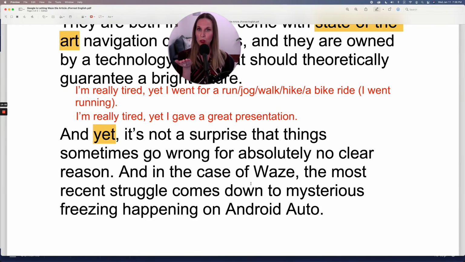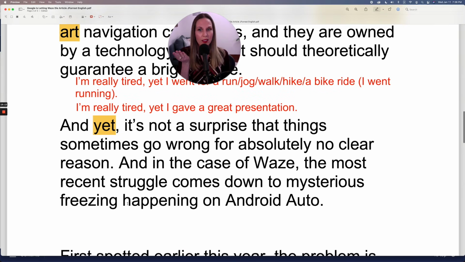So if you use Waze, have you experienced this bug that they're talking about? And what's the bug? The bug is mysterious freezing. Mysterious just lets you know you weren't expecting it and you don't know why. It's mysterious.